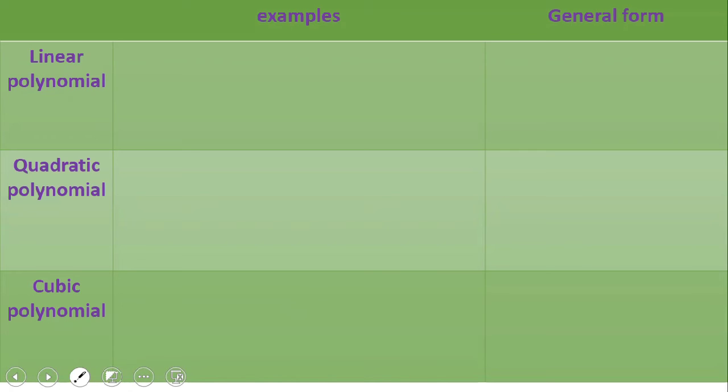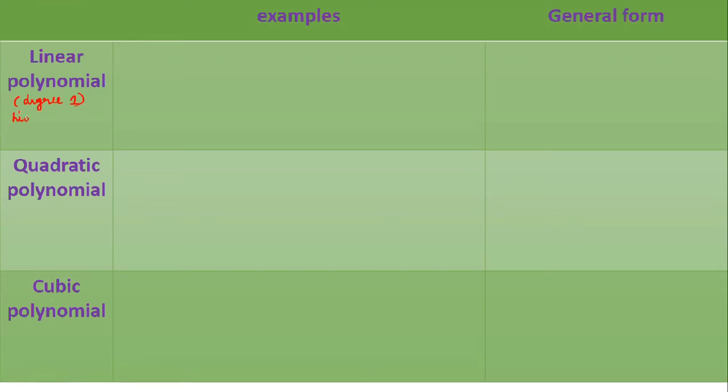Now let us write examples for linear, quadratic and cubic polynomials. Linear polynomial means polynomial with degree 1.